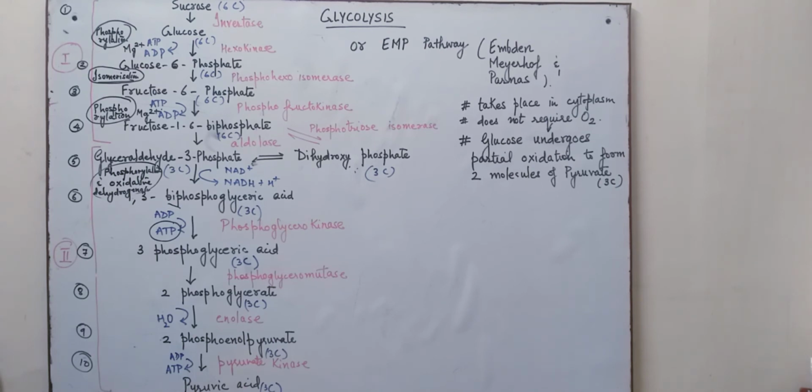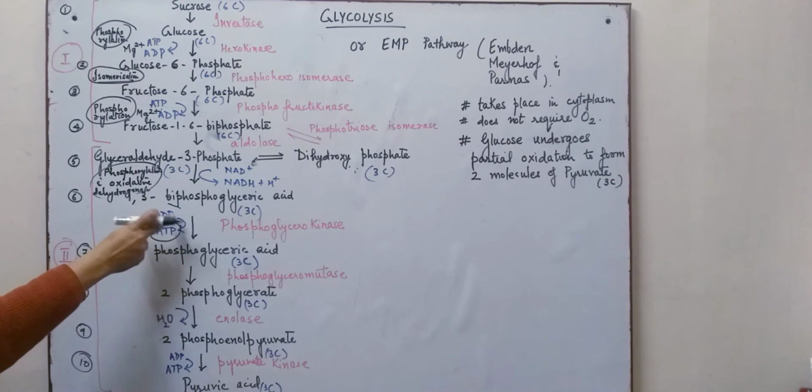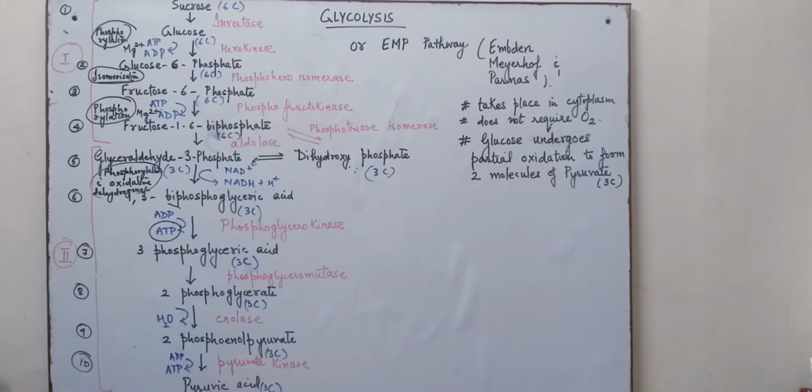The production of ATP from ADP in this is known as substrate level phosphorylation, because here there is no using of NADH. We are not utilizing NADH over here for the conversion, and therefore this is substrate level phosphorylation.